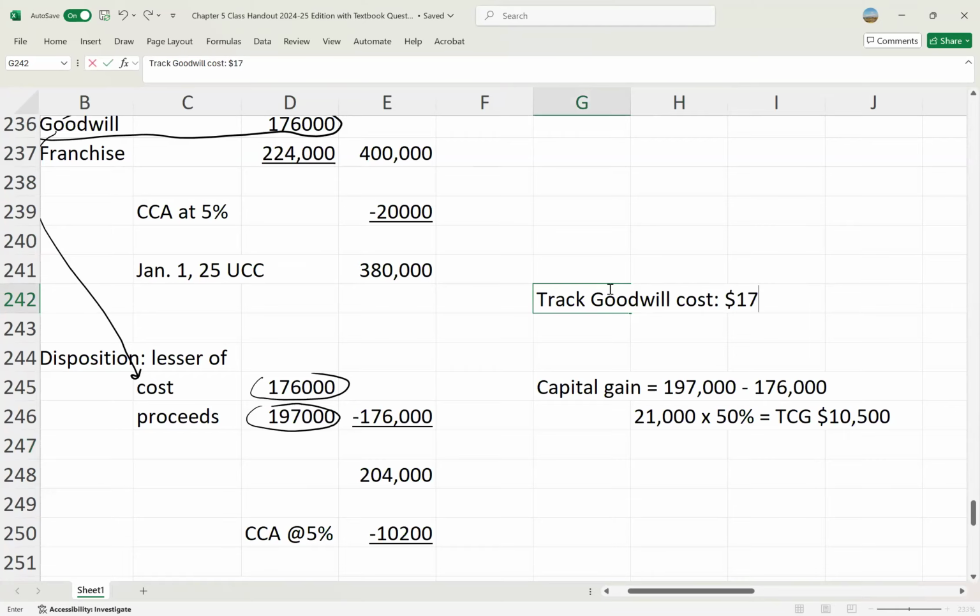We bought it for 176. We deducted 176 in 2025. So at this point, we don't have any more cost of goodwill in this class 14.1. Once again, as I said earlier, every business is deemed to have some goodwill, even if it has a 0 value. And so in this example, there's no cost to the goodwill in class 14.1.